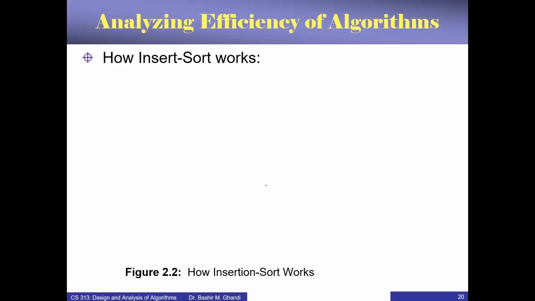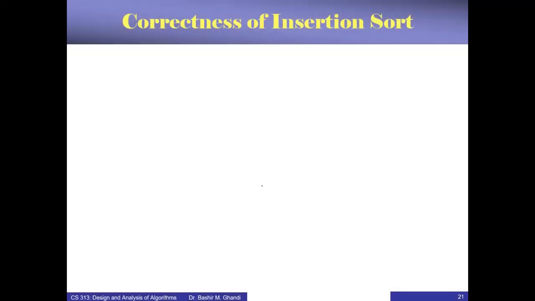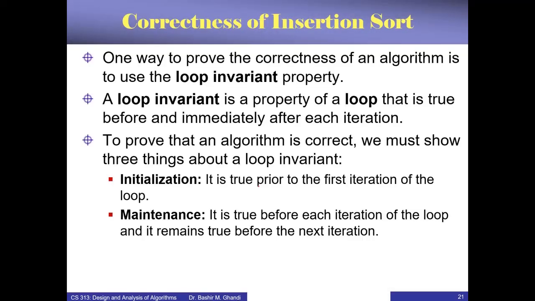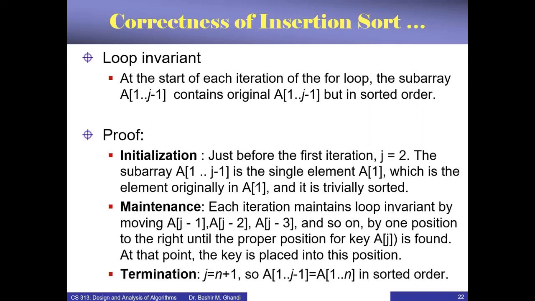So let us see what that means in terms of the loop invariant. If j is n plus 1, it means our subarray 1 to j minus 1 actually will be 1 to n. Because the last value of j is n plus 1, if you subtract 1, basically you will have the entire array.